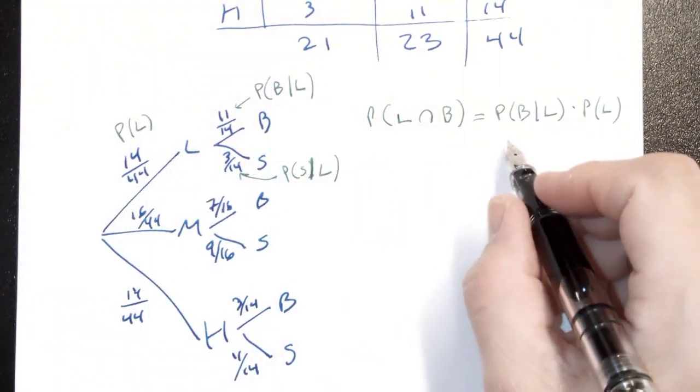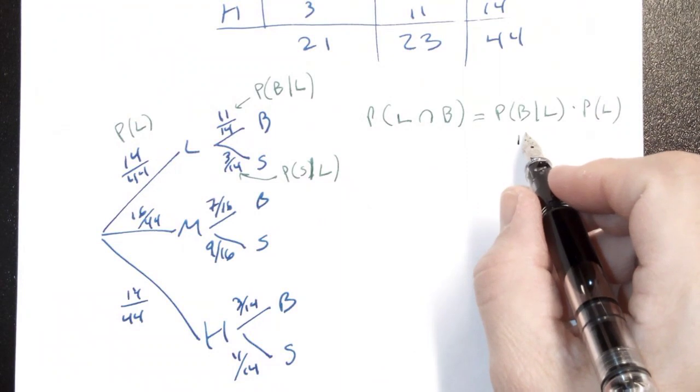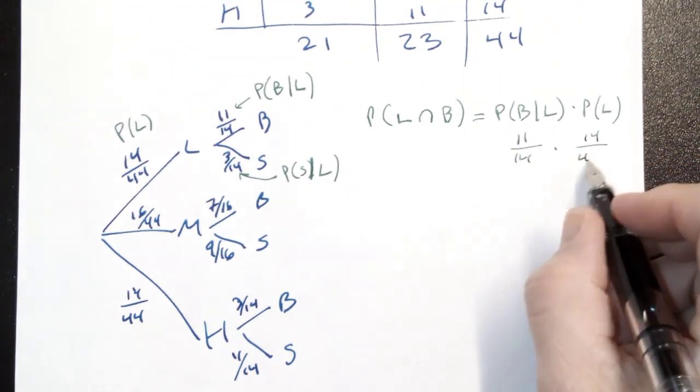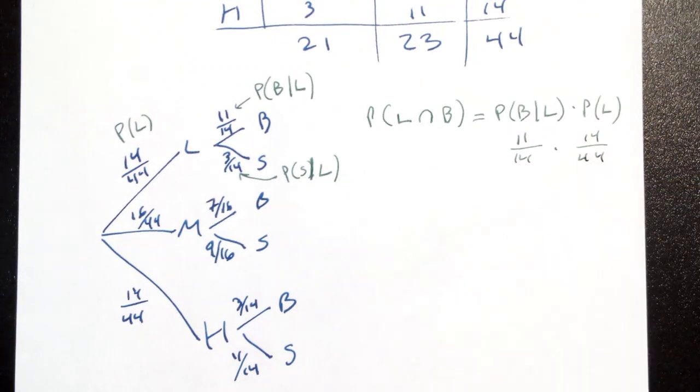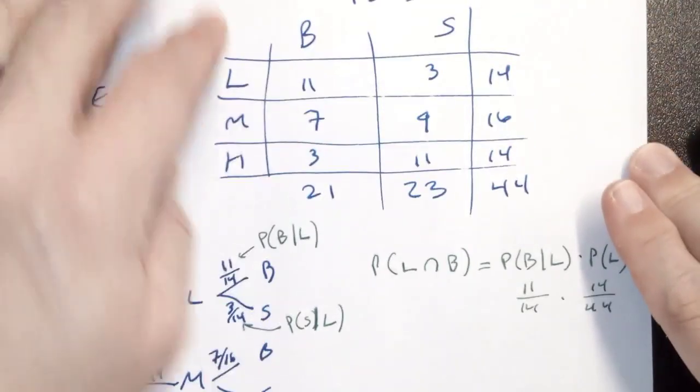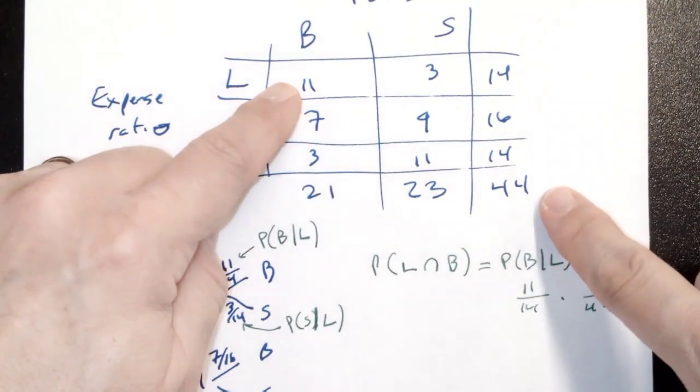And so that would be 11 out of 14 times 14 out of 44, which is 11 out of 44, isn't it? Right? And that's the same, slide back up to the table, as if I took this box against the whole total.